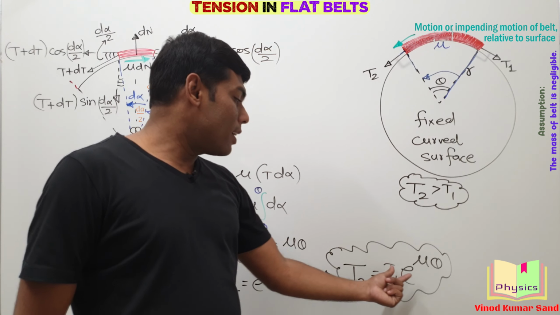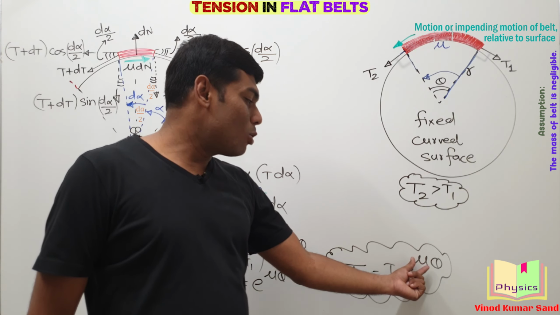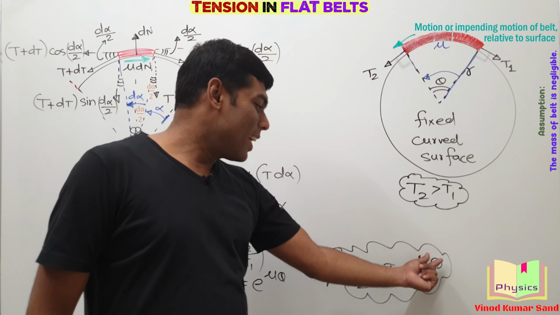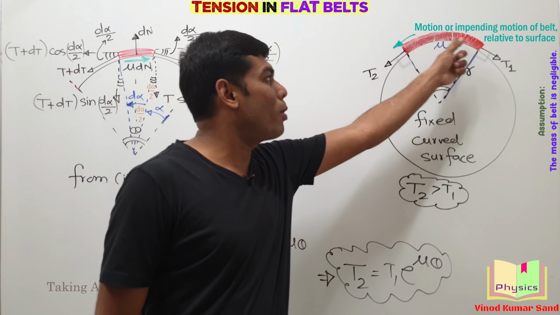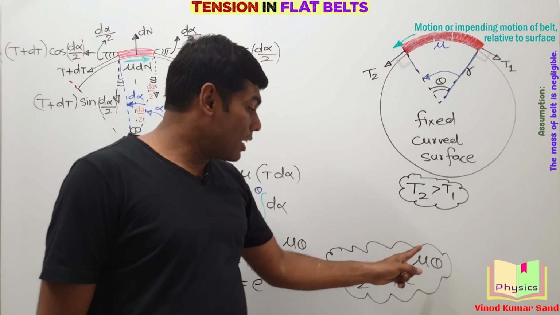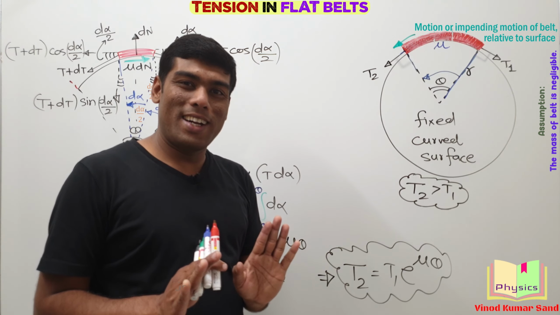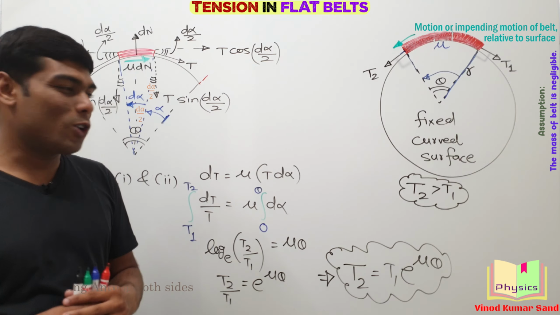Okay. And e is Euler's number 2.7183, mu is the coefficient of friction, and theta is the total angle of contact of the rope or belt with the fixed surface, and theta must be expressed in radians. Okay, I'll write all these details on the next page for your convenience.